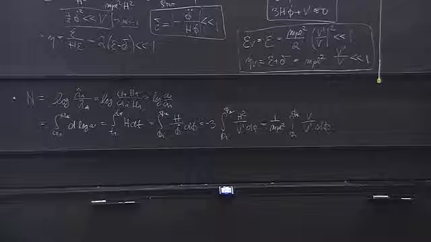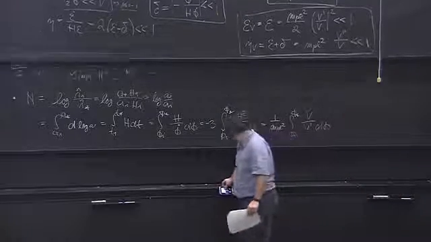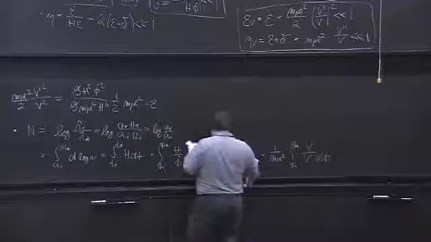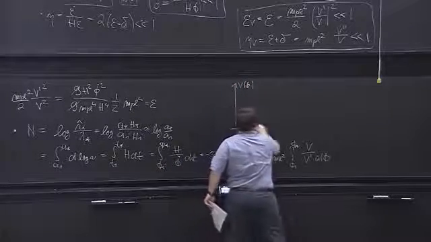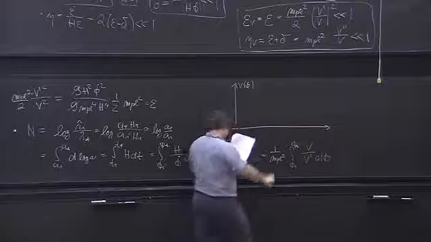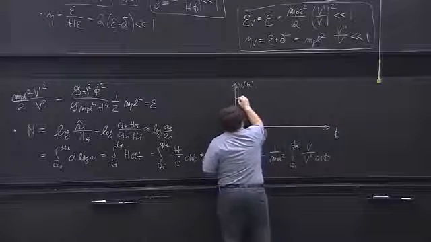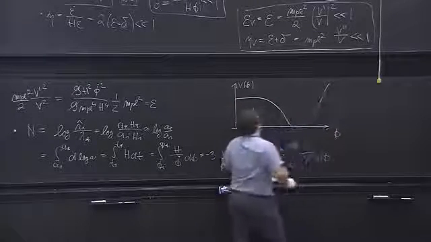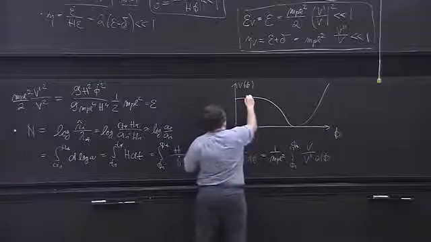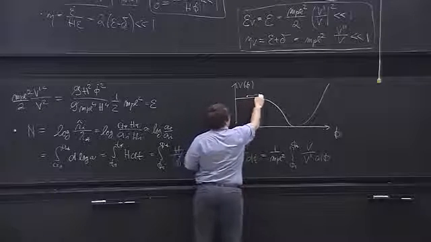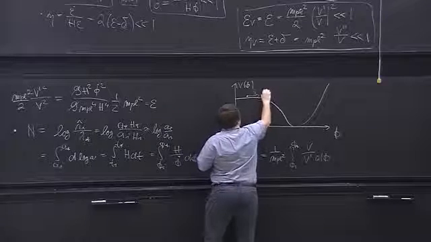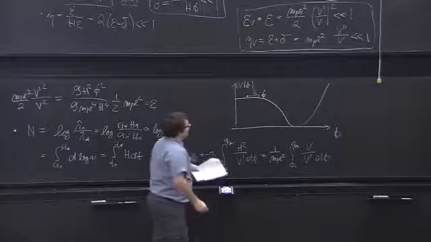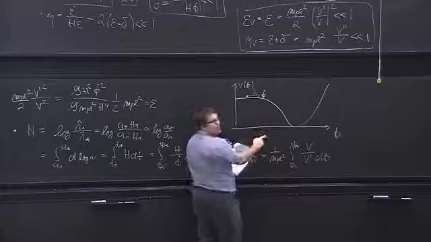So let me just draw a possible picture. A typical potential which gives you the right inflation looks something like this. You have V of phi versus phi, and you start with something and then go like this. So you have a slowly rolling field with some phi dot, which is relatively very small, until the slope becomes very, very steep.